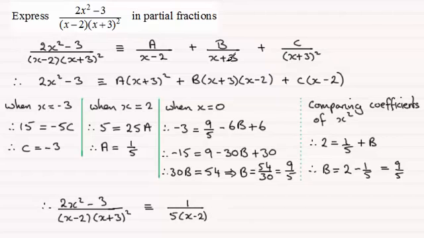And then we've got b over x plus 3. B we've just seen is 9/5, so that's plus 9 over 5 times x plus 3. And then lastly, we've got c over x plus 3 all squared. C is negative 3, so minus 3 then, all over x plus 3 all squared.